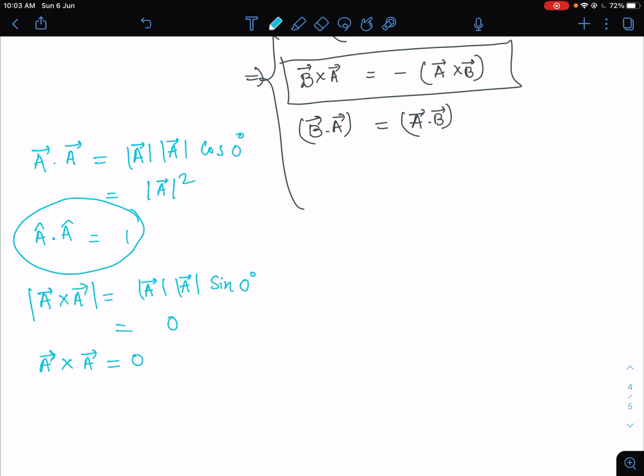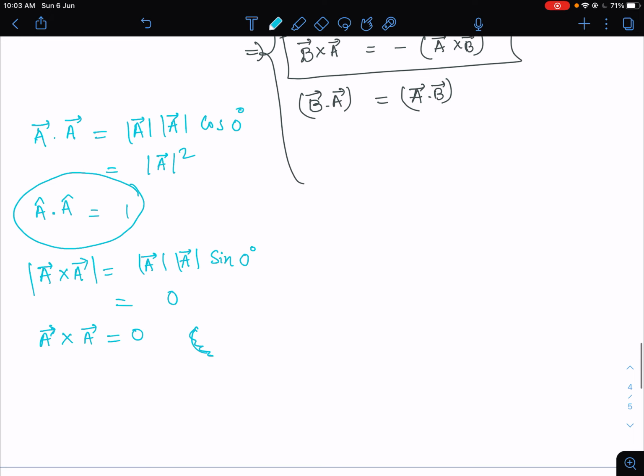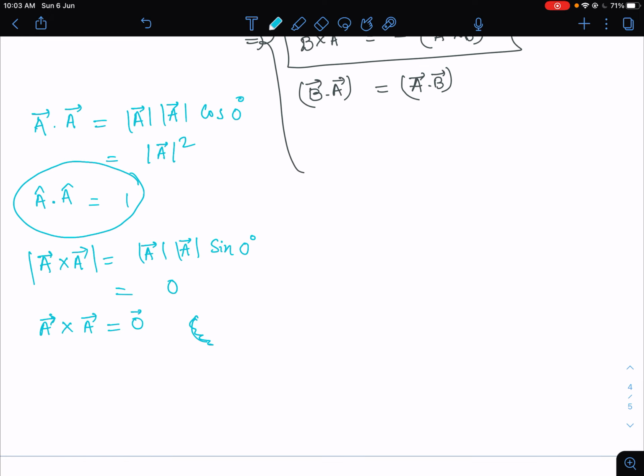This 0 vector is still a vector. The direction can be chosen in this case along the direction of A. So it's still a vector. 0 is still a vector.